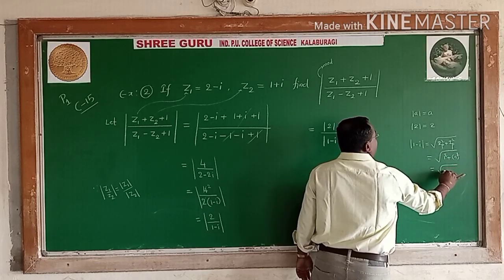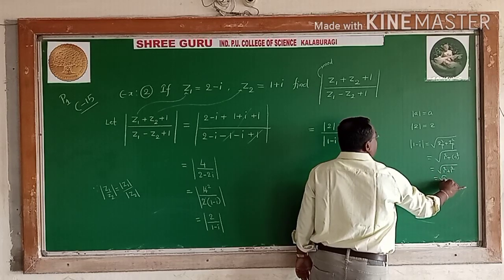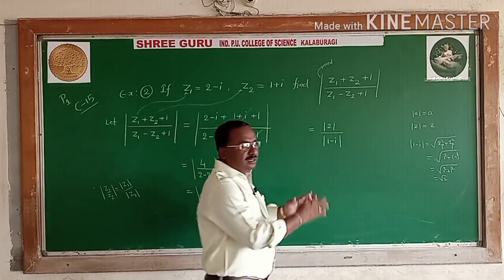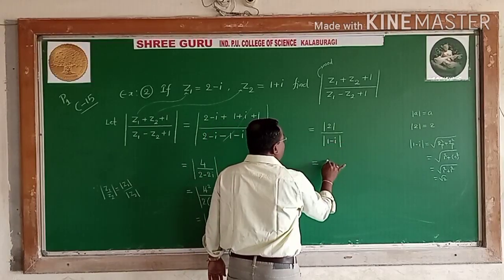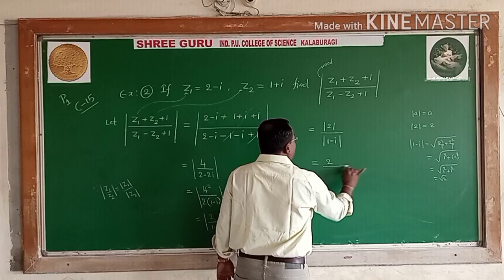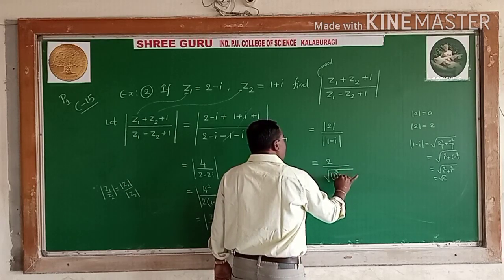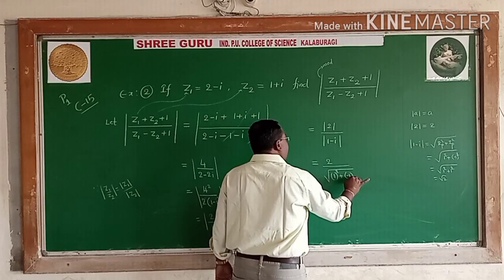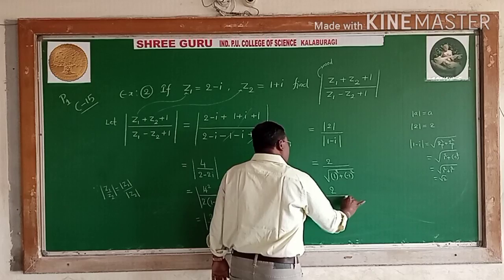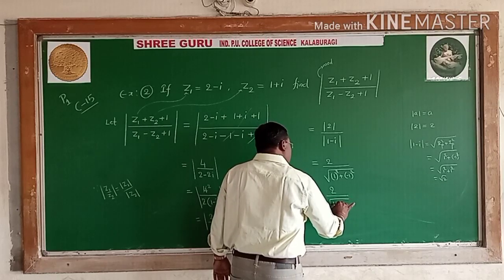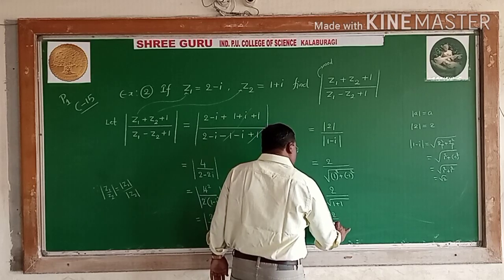That is 1 square plus 1 square, which is root 2. This is the definition of modulus. So 2 divided by the modulus of 1 minus i is 2 divided by the square root of 1 square plus 1 square, which is 2 by root 2.